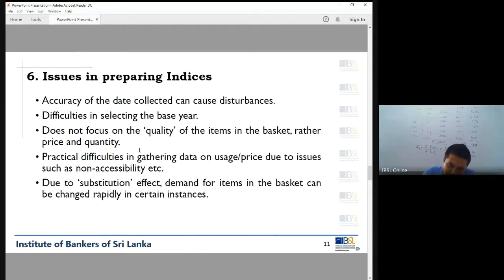So obviously, this substitution effect is very difficult to measure for a very short period, like even for a week, for a month in certain instances.